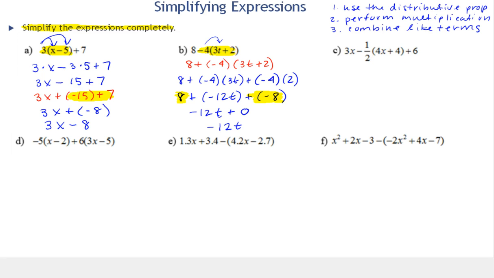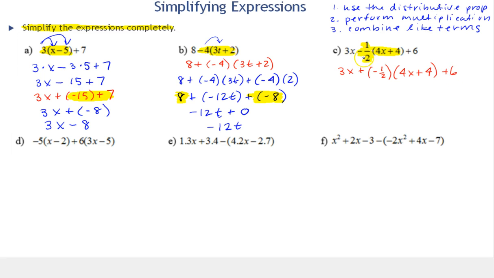Okay, so first we want to use the distributive property, and here are my parentheses. Here's what I'm multiplying by, and again there's a minus sign here, so I'm going to think about that as adding a negative. So let's rewrite it as 3x plus 1/2 times, plus negative 1/2, lost a little space there, plus negative 1/2 times 4x plus 4, close parentheses, plus 6.